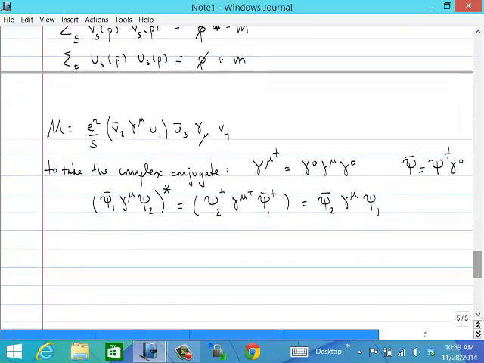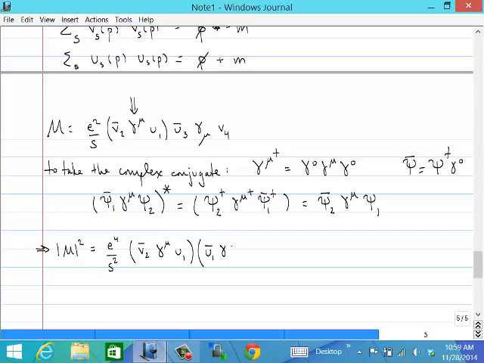so that complex conjugation just reverses the ordering of the psis in this spinor combination. Okay. So if you want to compute the absolute value of this, you get e to the 4th over s squared. So you get this quantity in parentheses here times its complex conjugate. You get a V2 bar gamma mu U1 times its complex conjugate, U1 bar, let's call it gamma nu V2.